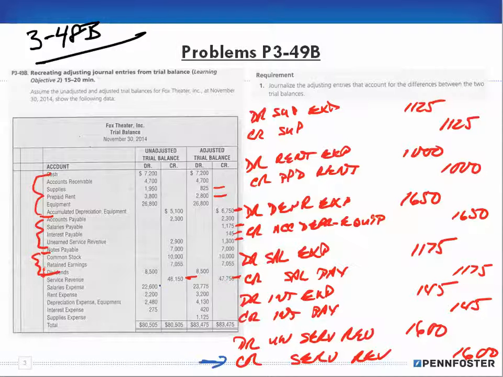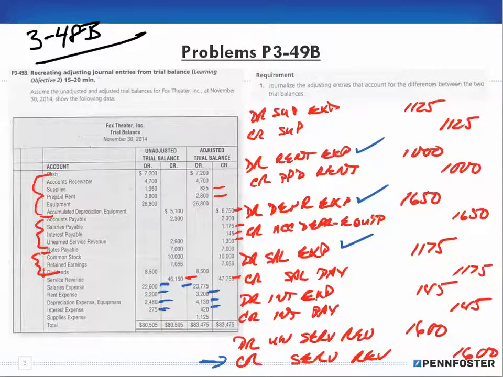Same with salaries expense. It changed by the amount of the salary expense entry right here, 1,175. My rent expense changed by the adjusting entry for the rent expense of $1,000. Depreciation expense, equipment, changed by the amount of the depreciation expense entry. Interest expense, same thing.